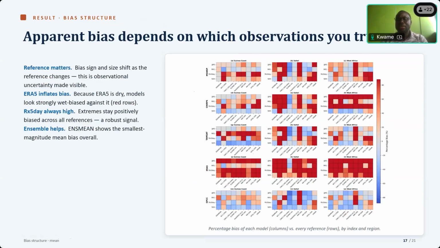However, the underestimation over here looks quite average compared to the extremes that are recorded over the other regions, over the other references. What this one is also telling us is that with the ensemble means, we are always having the smallest magnitude mean biases, showing that the ensemble mean tends to smooth the biases when used for any analysis.